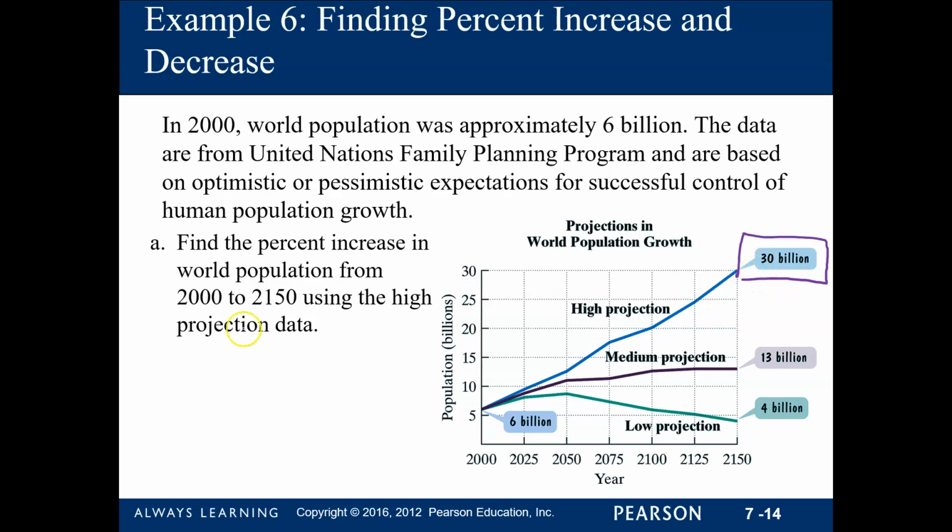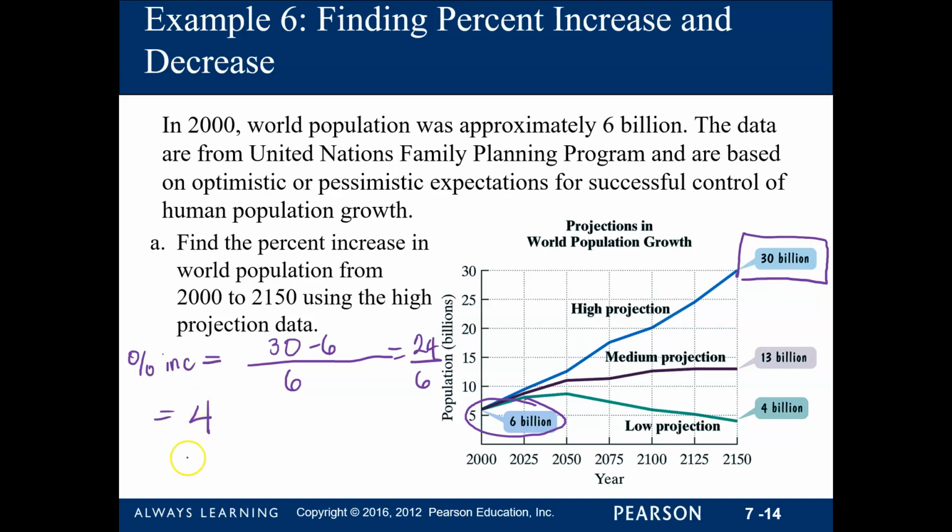So the percent increase is going to be equal to the difference of the original value and the new value. Our original value is 6 billion. The new value is 30. We subtract those two, 30 minus 6, divided by the original value, which is 6. Here, we will get 24 divided by 6, and this is going to be equal to 4.